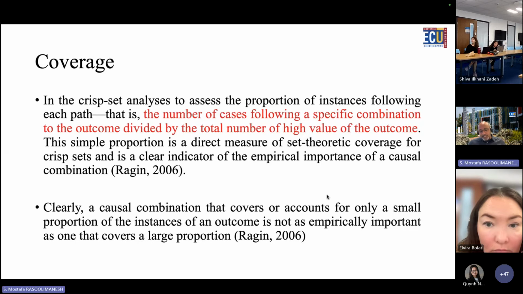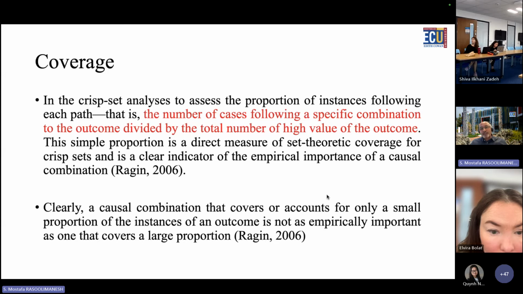For example, for the previous case, 17 of them out of 20 identify high level of outcome, or they are highly satisfied, right?